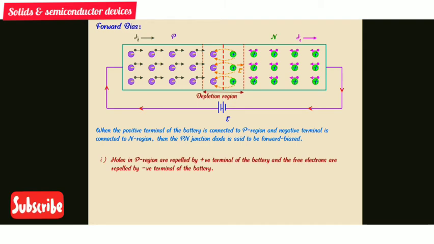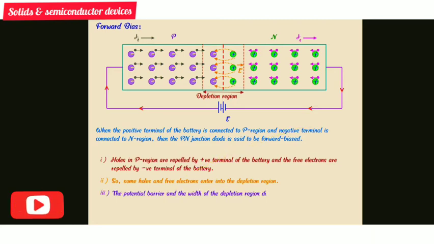First, holes in the P region are repelled by the positive terminal of the battery and free electrons are repelled by the negative terminal of the battery. So, some holes and free electrons enter the depletion region.